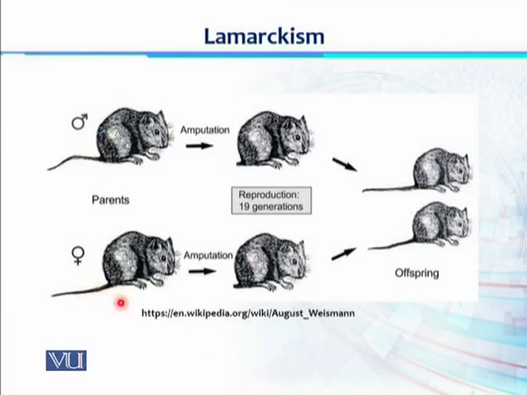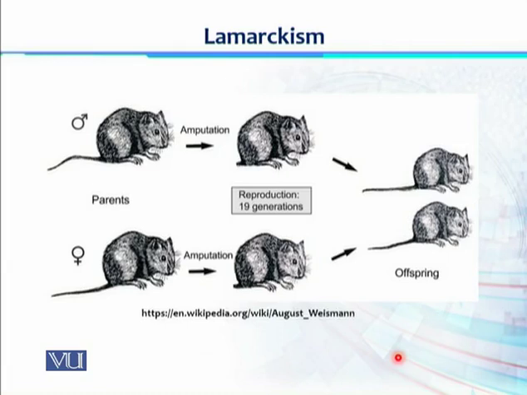So that is the progeny of the parents, and he amputated their tail, and then he inbred these parents, but their offsprings, they have tail. So the loss of tail, this character was not transferred to their next generation. And he performed this same experiment for 19 generations. And every time when he cut off the tail, this feature was not transferred to the next generation.